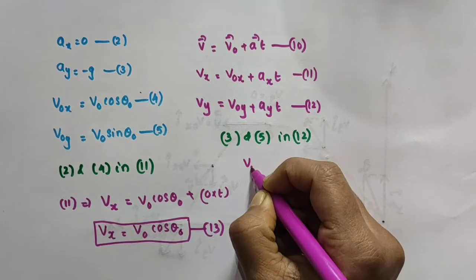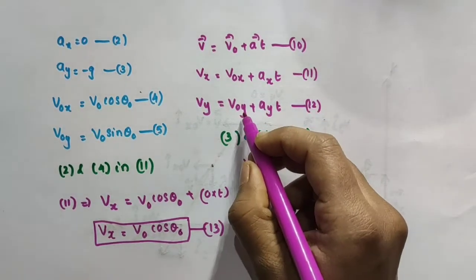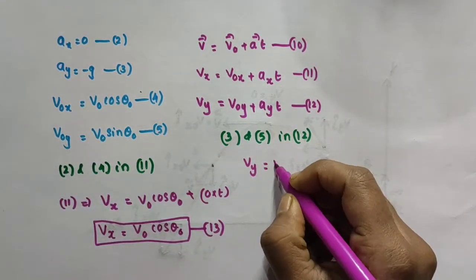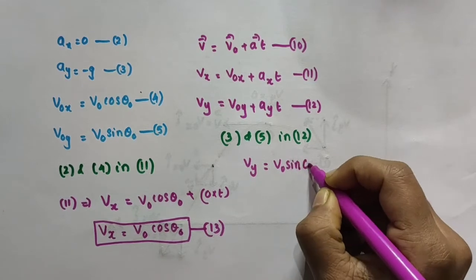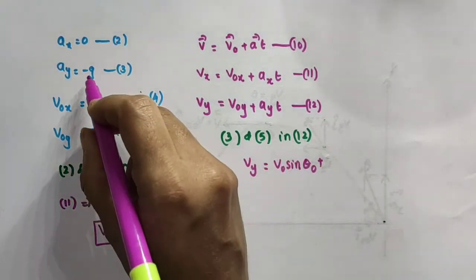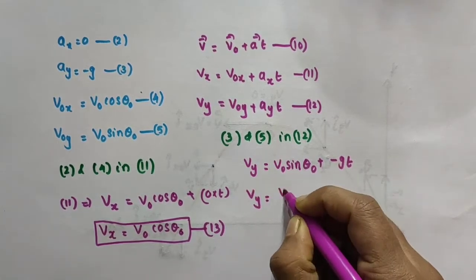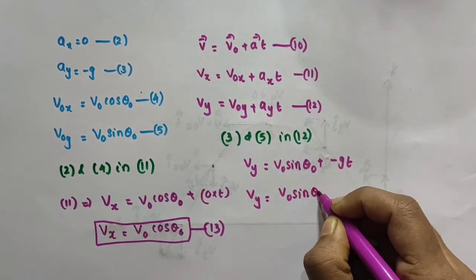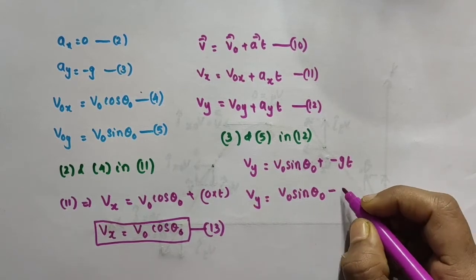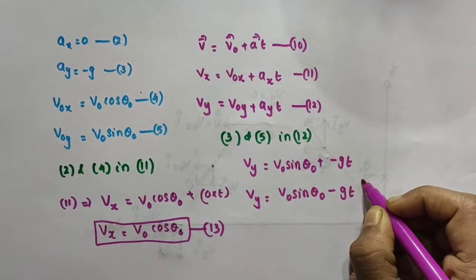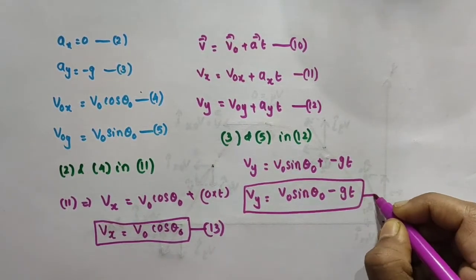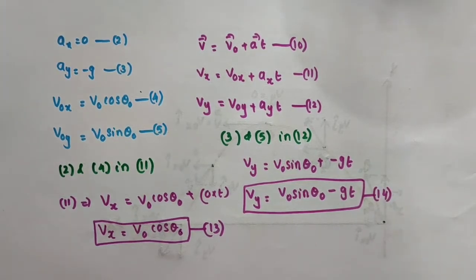The y component of velocity, Vy, is equal to V0y. V0y is V0 sin theta 0, plus Ay. Ay is minus g into t. So Vy is equal to V0 sin theta 0 minus g into t. So we got the expression for the y component of velocity, and I am taking this as equation number 14.